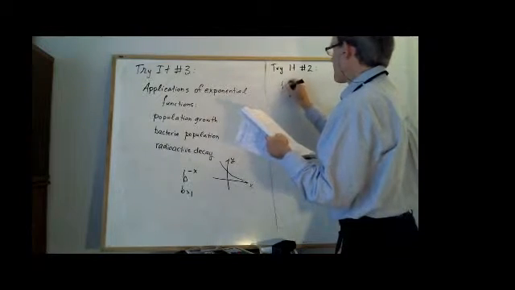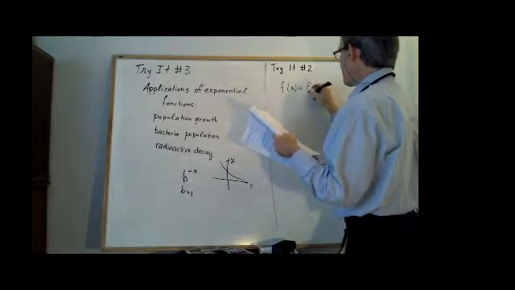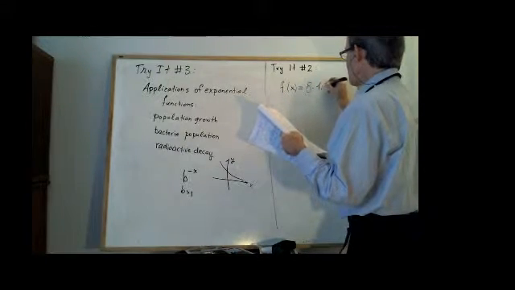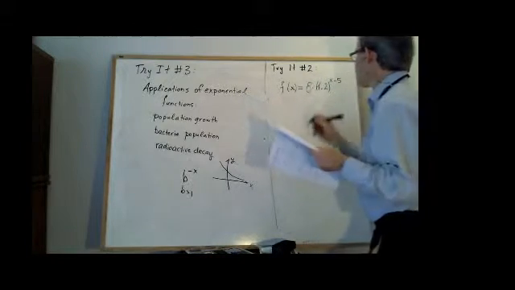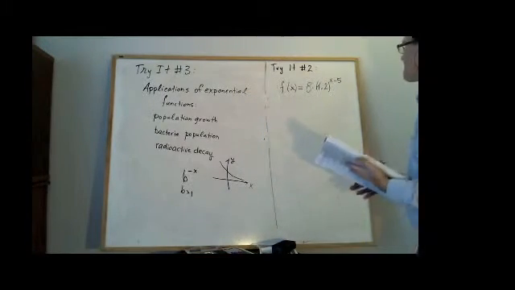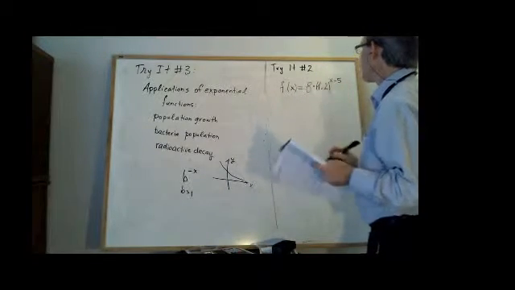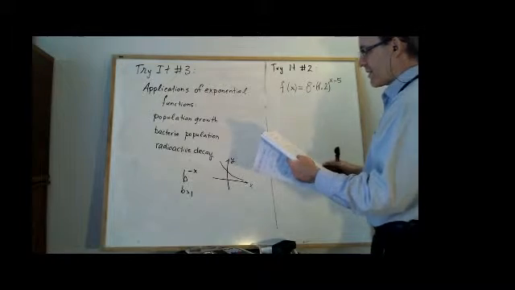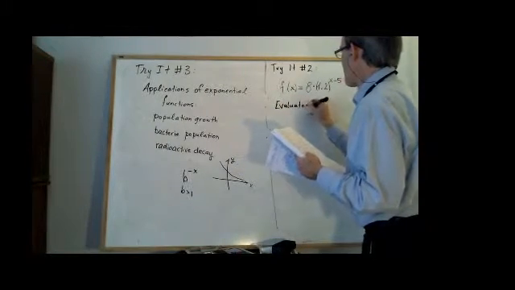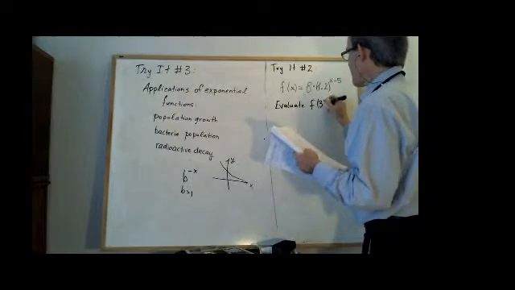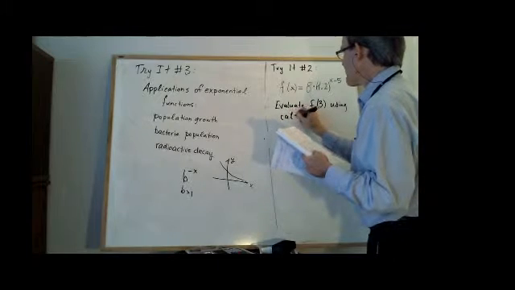So f of x is equal to, you're given this function, 8 times 1.2 to the x minus 5. So this is the simple multiplication here. And evaluate f of 3.